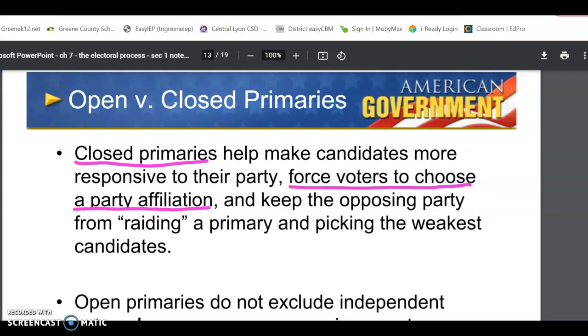So you have to declare what party you're voting for. And it keeps the opposing party from raiding a primary and picking the weakest candidate. So if you plan to vote Republican, then only Republicans would vote in this certain primary.